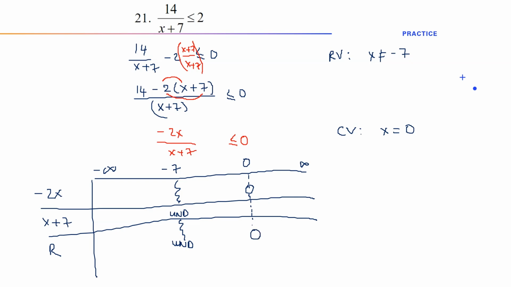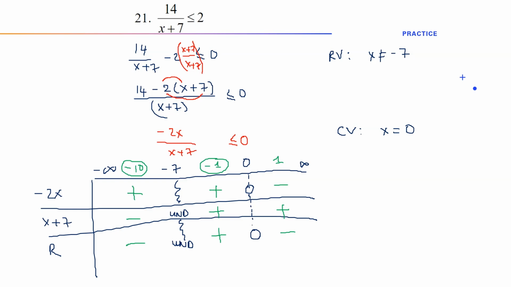Now we choose the test points. Negative 10 times negative 2 makes it positive, negative 10 plus 7 makes it negative, so that's negative. I will choose negative 1 between negative 7 and 0, so that makes positive, result positive. We choose 1, that's negative, that's positive, that's negative.